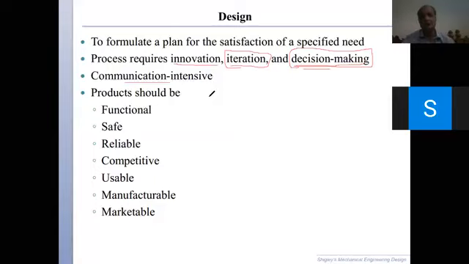It might be you who come up with the need, but when there is a need, people will approach you as you are the problem solver, the engineer, and as we discussed, you are the one who is professionally equipped to resolve the problems of the society and work for the benefit of the society using the available resources. So again, this is communication intensive. You might have to deal with many people.